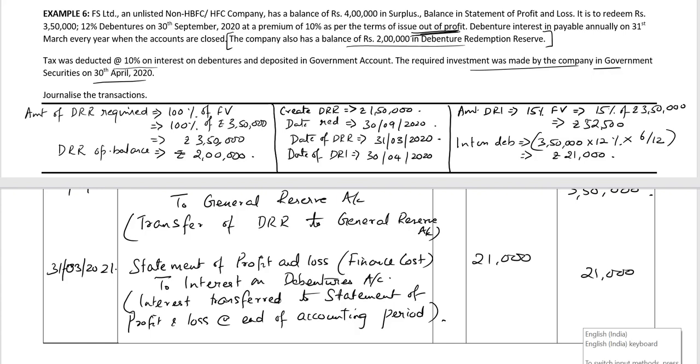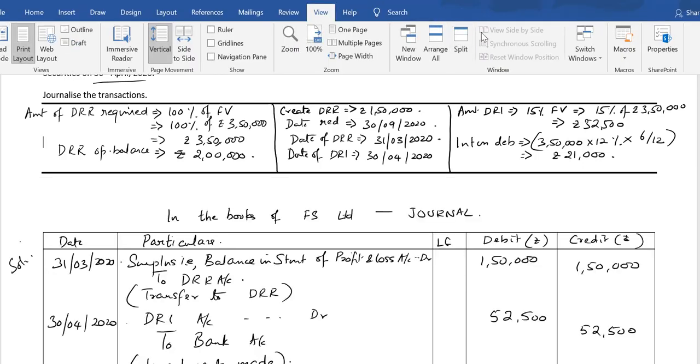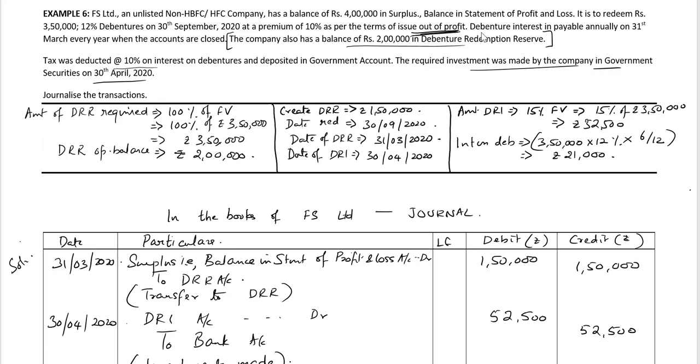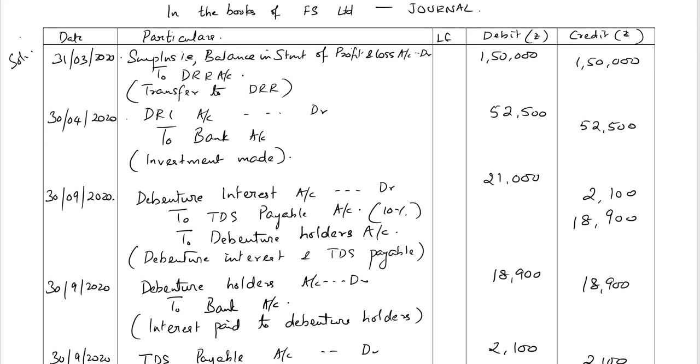So the entries are done. I will remove the split. We can view the answer. That's the example sum 6 at the top, followed by notes, the amount of DRI which is required, the calculation amount of DRI, as well as the interest on debentures. This is the first screen of the journal entries.